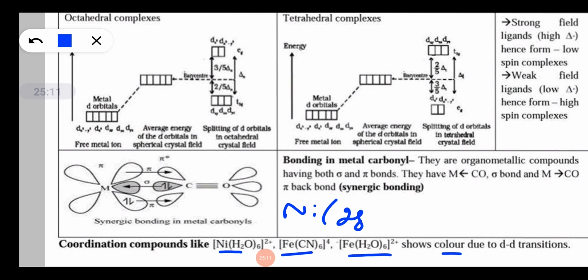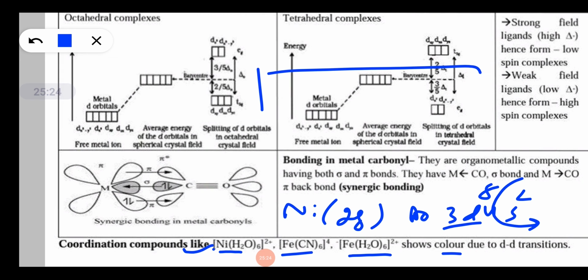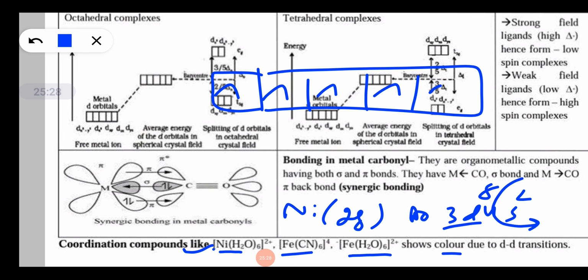Nickel atomic number is 28, so the configuration will be argon 3d8 4s2, that is 18, 2 makes 20, and 8 makes 28. Now here the oxidation number of nickel in this complex is plus 2, so 2 electrons will go and it will become 3d8. 3d8 means how many unpaired electrons will be there? 1 2 3 4 5 6 7 8. So nickel in plus 2 oxidation state has 2 unpaired electrons.